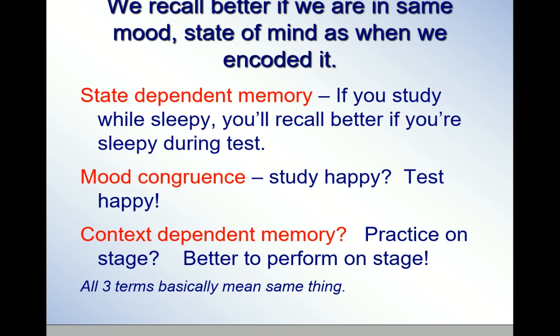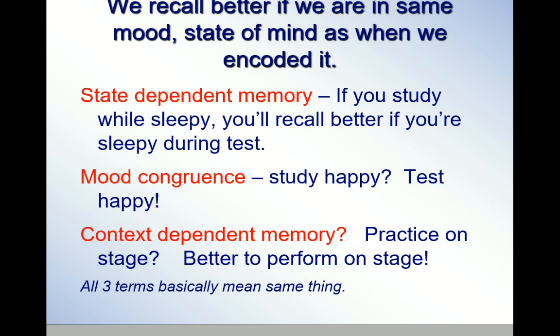Let me explain. If you want to remember something, it's best to recall it if you're in the same state of being or same location, same mood, same context as you were when you encoded it.